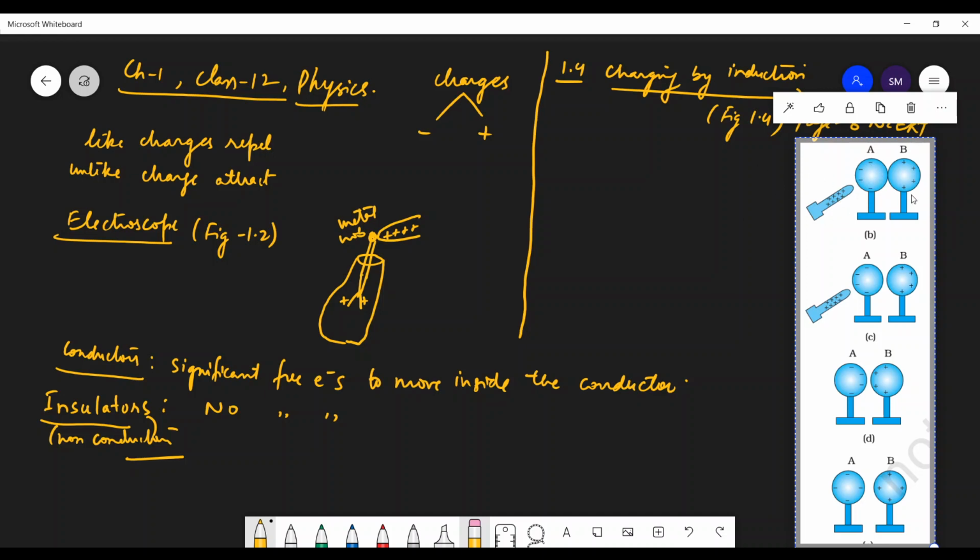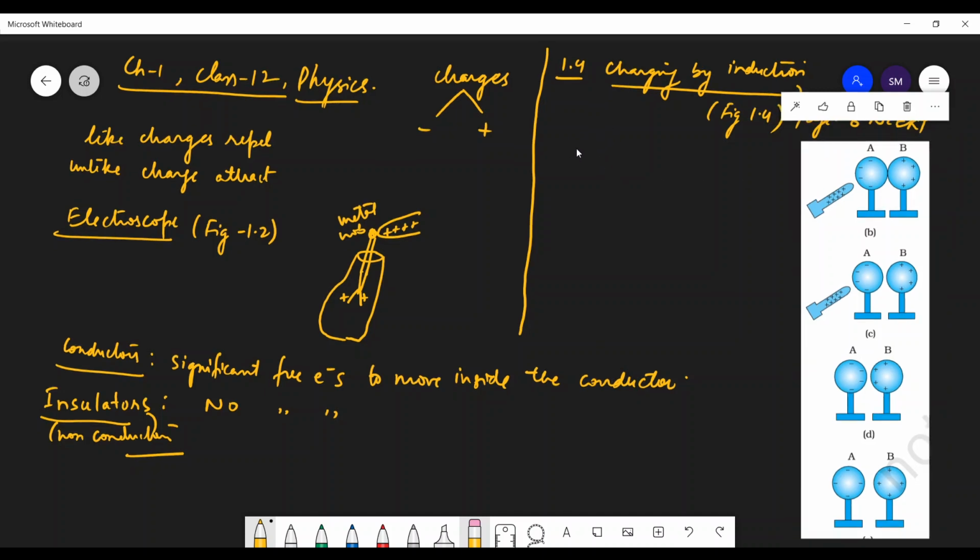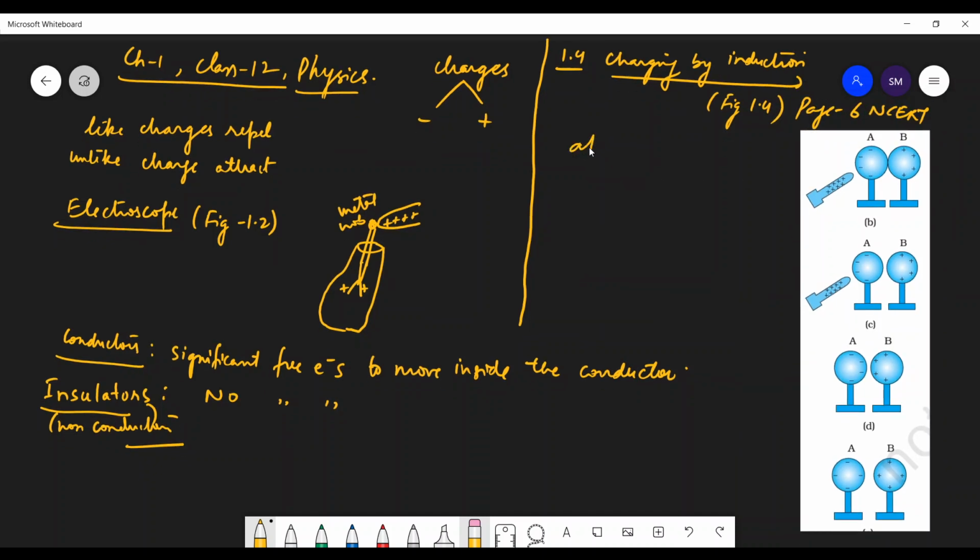So from where? See, in an atom, I have the nucleus in the center. The nucleus has positive charge and I have electrons revolving outside the nucleus. So this negative charge is the charge due to the electrons and this positive charge is due to the nucleus.